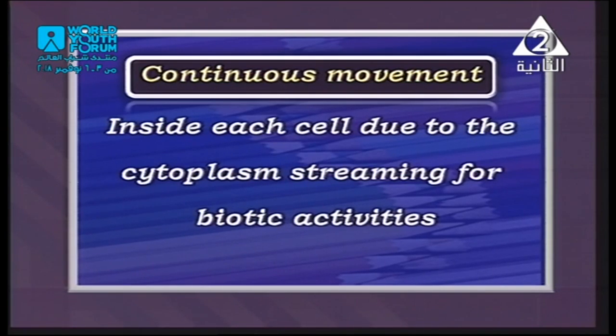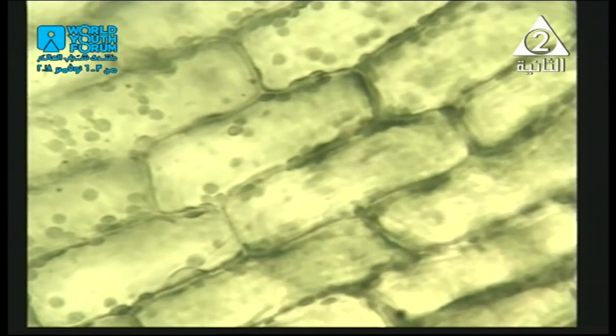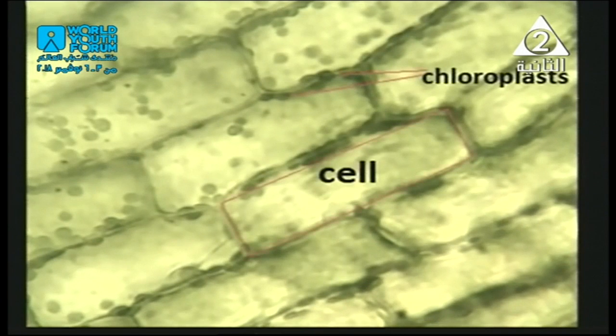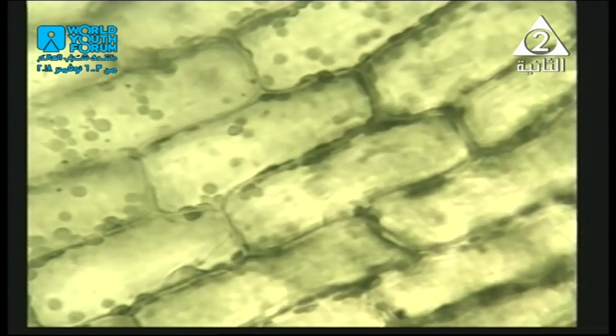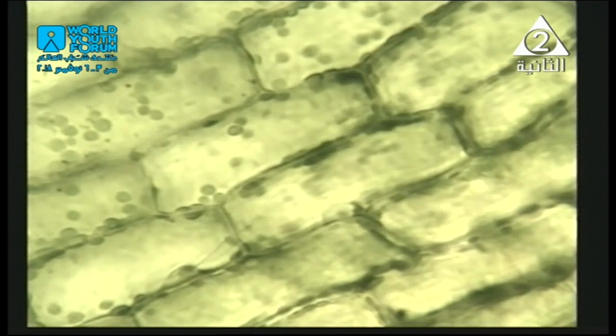Let me show a video to show that. This is cytoplasmic streaming inside an Elodea plant. You can observe the movement of the cytoplasm. Did you observe it? There is a circulation always, at all times. This shows that there is a continuous movement inside all cells in the living organism.